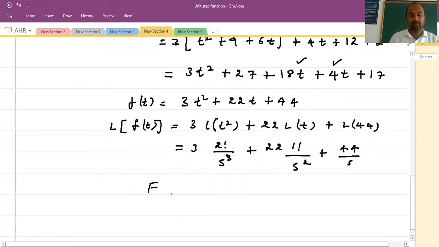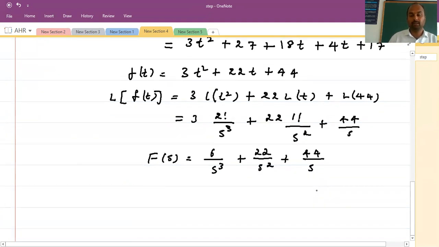So therefore f of s will be 3 into 2, that is 6 by s cube, plus 22 by s square plus 44 by s.